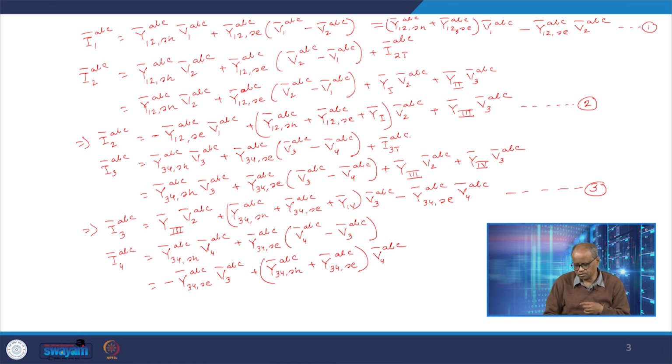So this is equation 4. So we have got 4 equations: 1, 2, 3, 4.